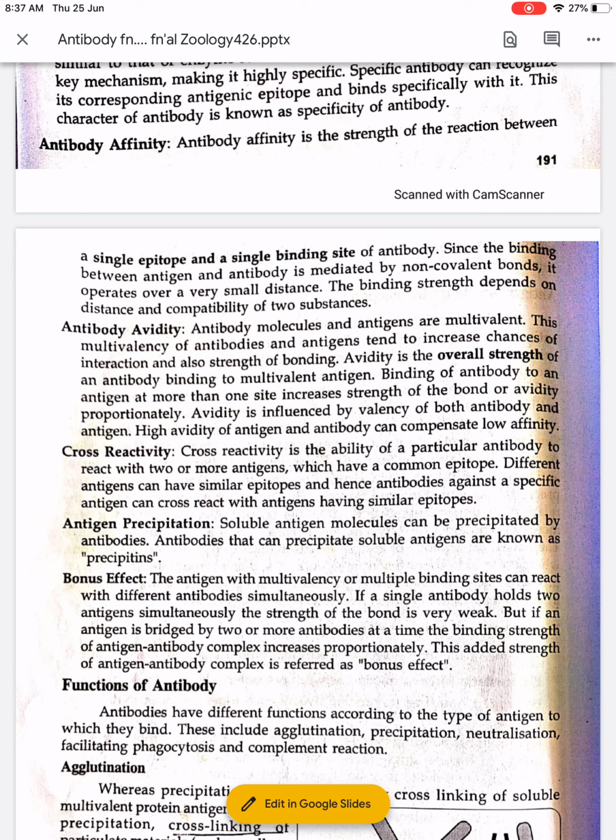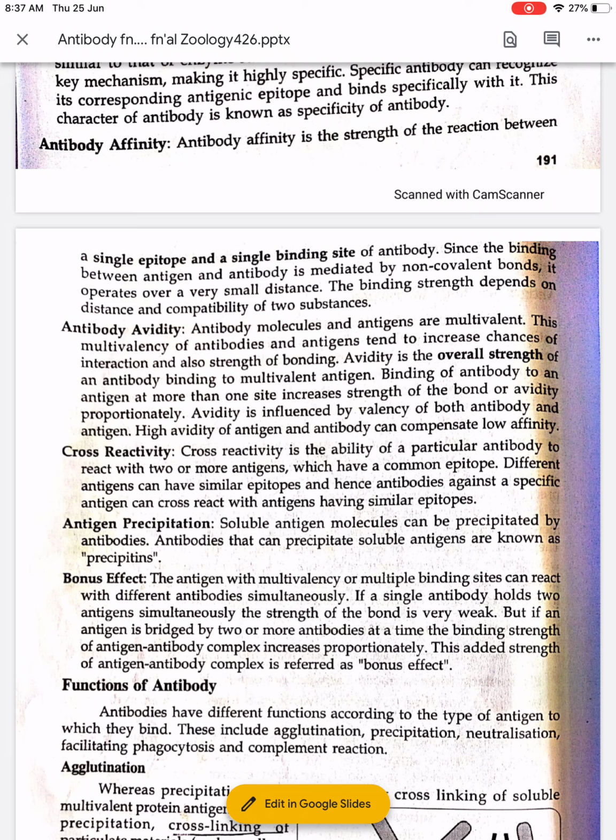Next is the bonus effect. The bonus effect is also another contribution of the multivalency property of antigen and antibody. That means if a single antibody holds two antigens simultaneously, the strength of the bond is very weak. But here it is not a single antigen or a single antibody coming into action.